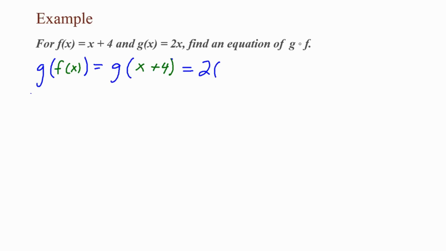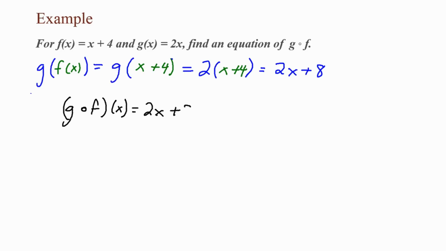So I have 2 times x plus 4. 2 times x is 2x. 2 times 4 is 8. g of f of x equals 2x plus 8.